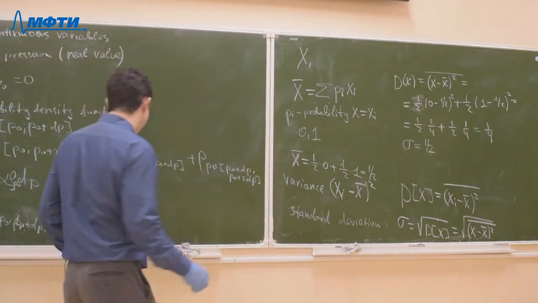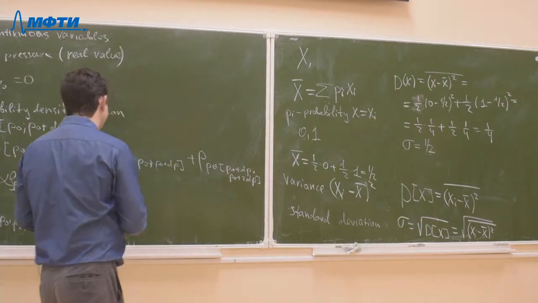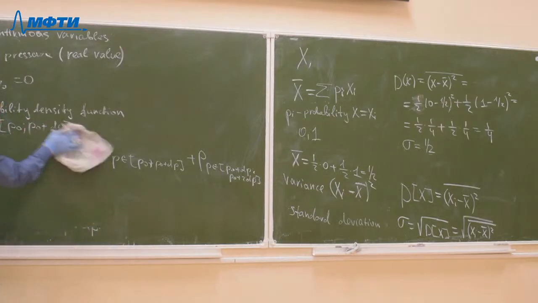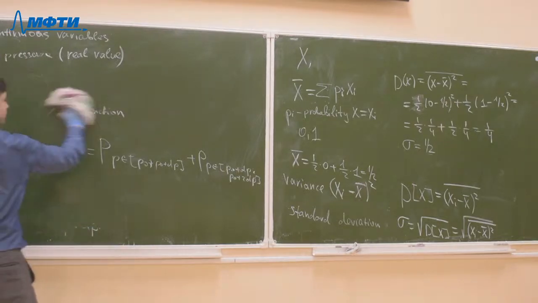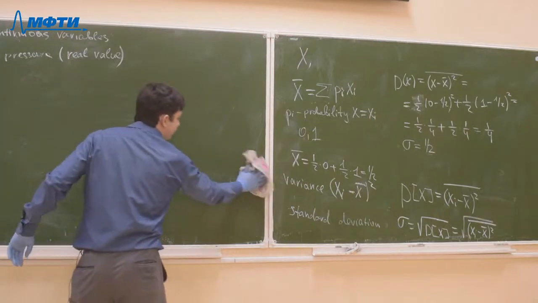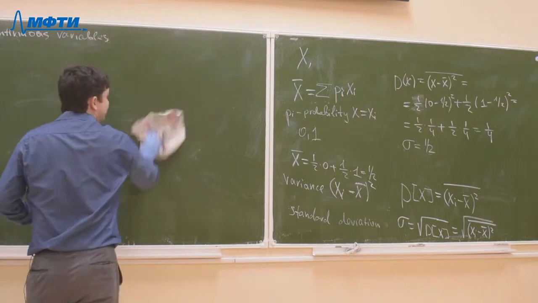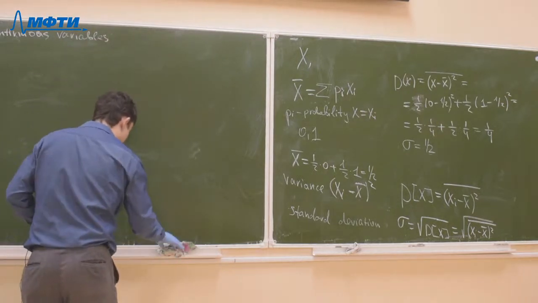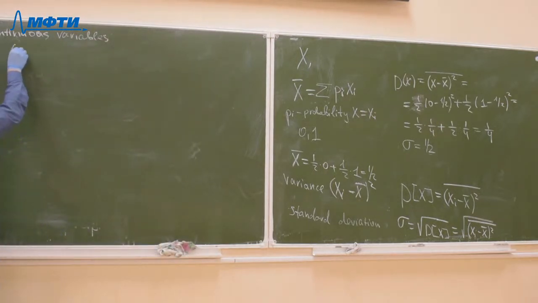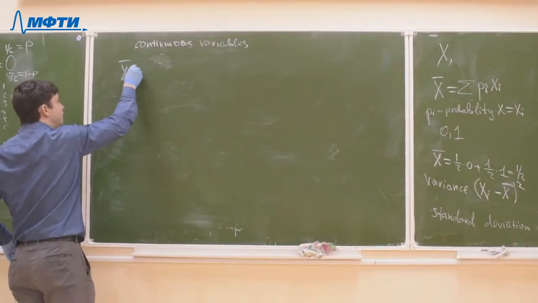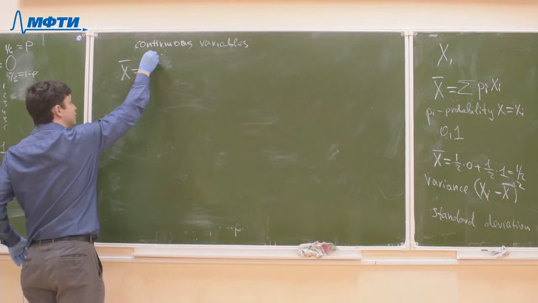In case of continuous variables and probability densities, you need to modify the formulas for calculation of average value and variance. So for continuous variables, the average value x average is given as follows.